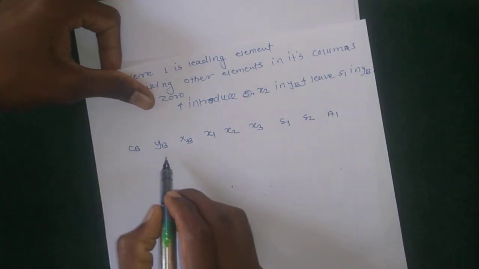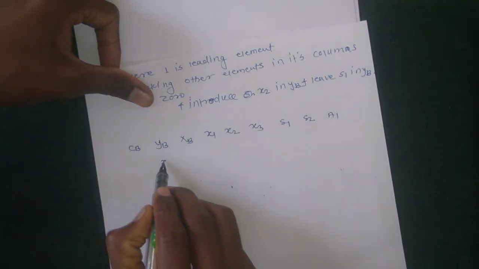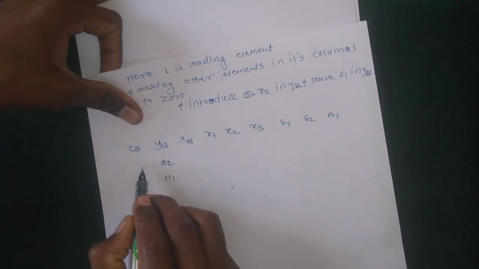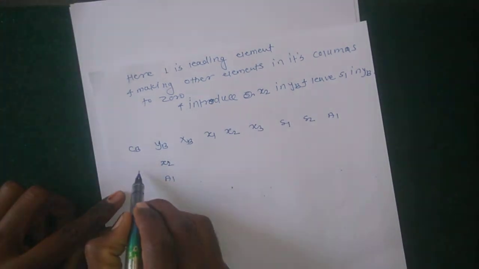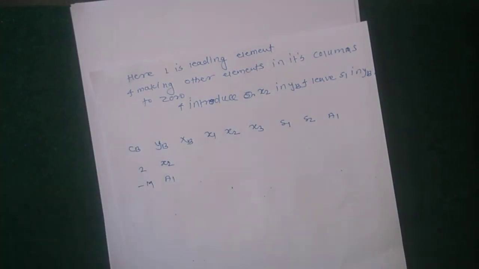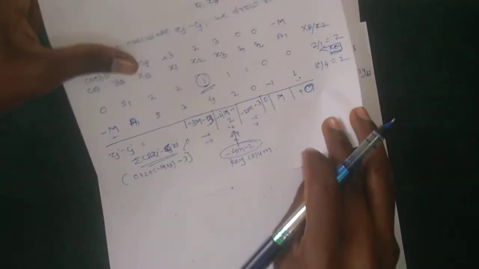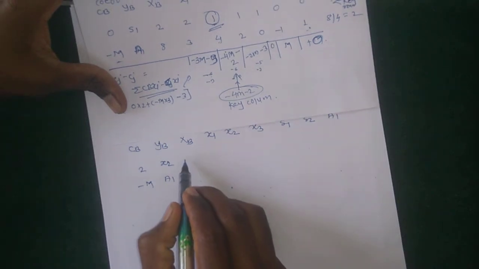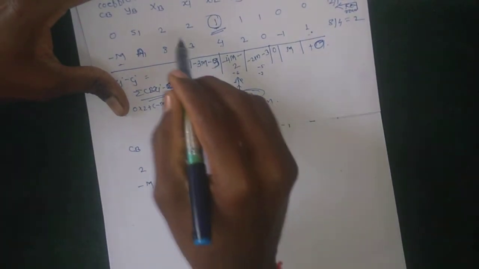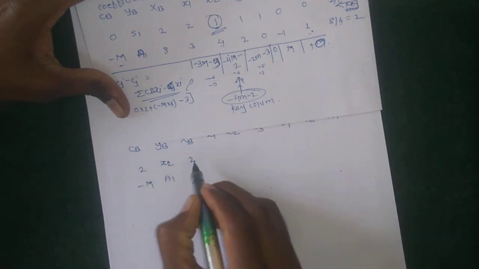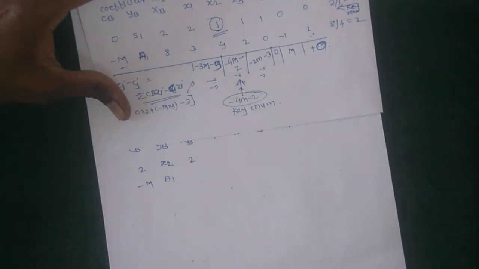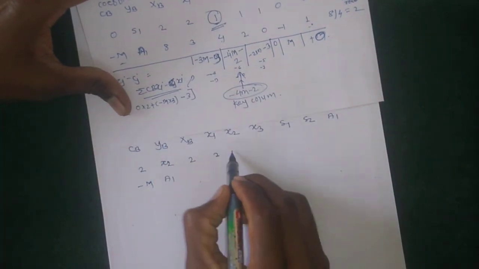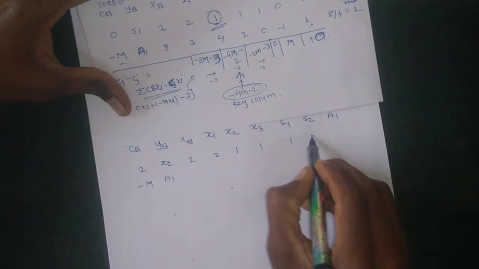So in yb, first is x2 and second is a1 as it is. x2 has coefficient 2, and a1 has coefficient minus M. The first row is as it is, because 1 is already the leading element, so no operation is needed for it: 2, 2, 1, 1, then 1, 0, 0.